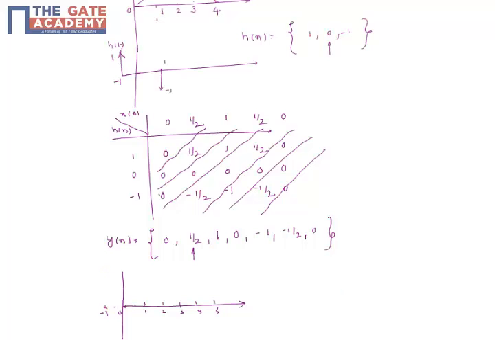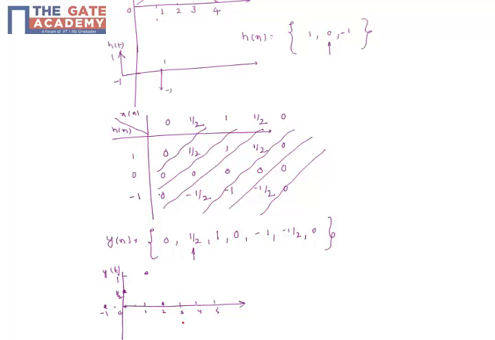Now I am plotting y of n. At n equal to minus 1, it is 0. At n equal to 0, it is 1 by 2. So this is the point. Next, at n equal to 1, its value is 1. And at n equal to 2, it is 0 again.